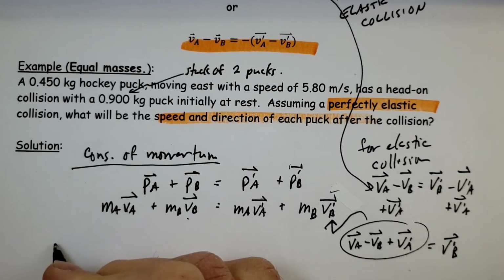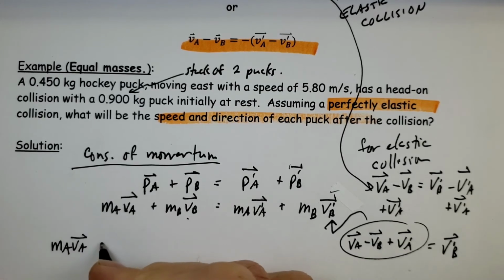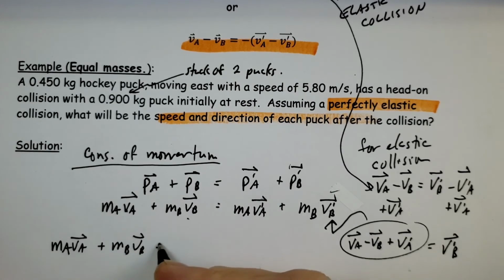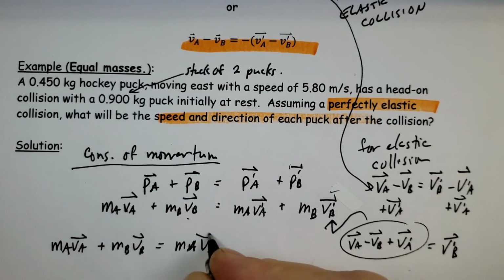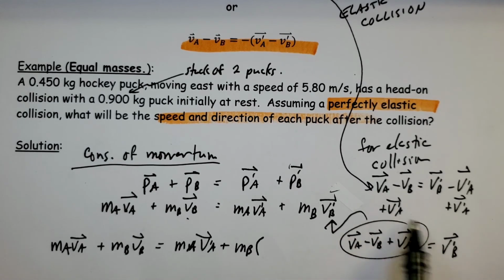So if I rewrite this equation now, I have the first term for A, MAVA prime. And then here I'm going to have the mass of B multiplied by VB prime, and VB prime can be represented like this.